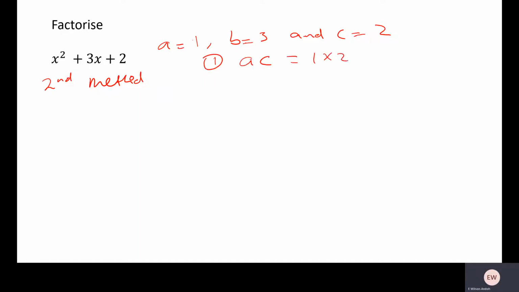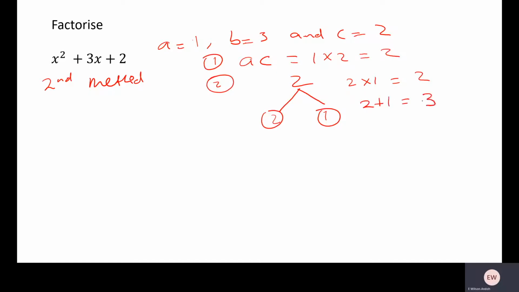AC is 1 times 2, which is 2. And then we find the two factors that multiply to give us 2 and add to give us 3. And the two factors are 1 and 2. So 2 times 1 is equal to 2, and 2 plus 1 is equal to 3.